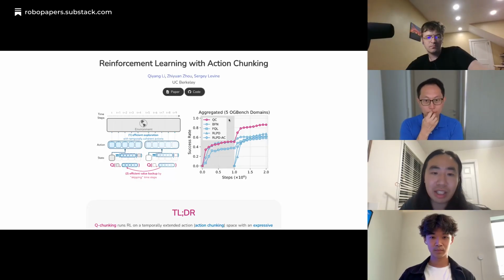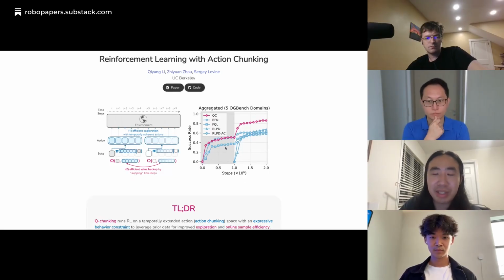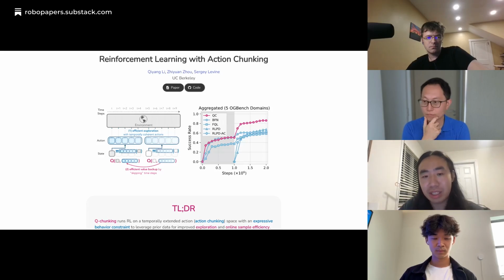In imitation learning, a lot of people have used action chunking and it has a lot of very good benefits, right? And I always thought it would be a really good idea if we can somehow get it to work in TD-based RL or Q learning in reinforcement learning. And it turns out that rather than just a simple adaptation, action chunking policies in TD learning or reinforcement learning with Q learning actually has some very good benefits.